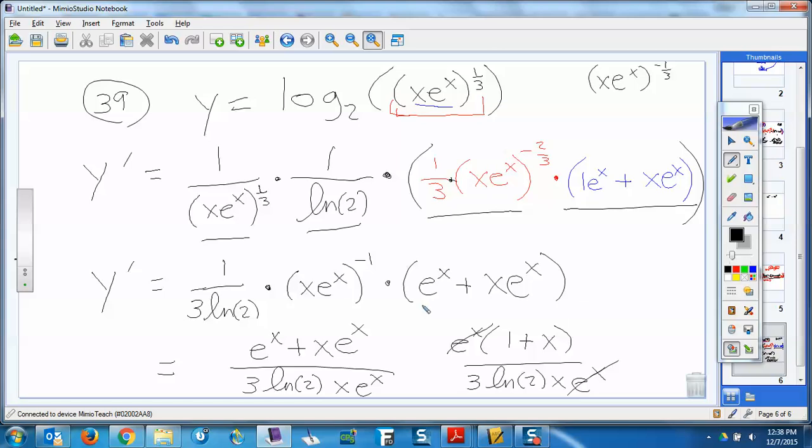But again, I can't imagine there'll be two of them on there that would have that much simplifying. I'm more interested in, can you follow the derivative rule? To me, it's more important.